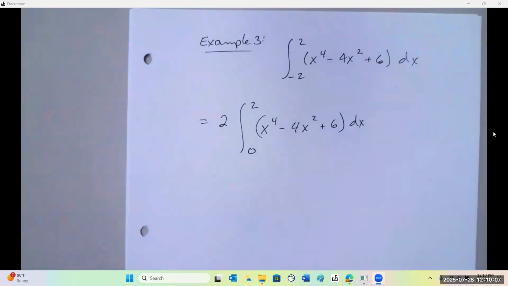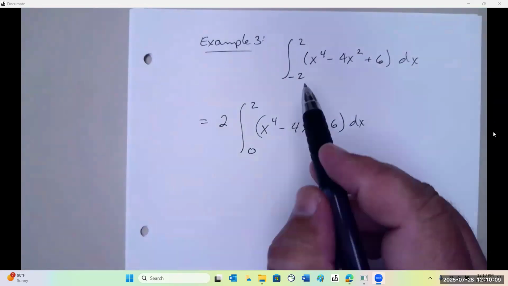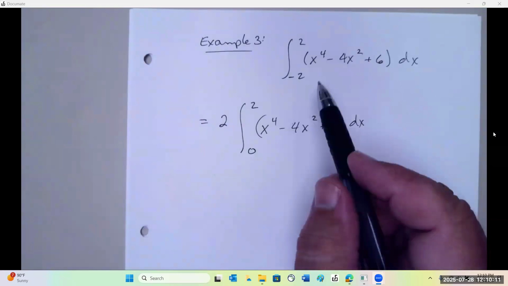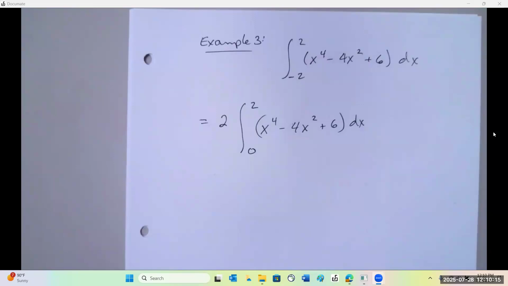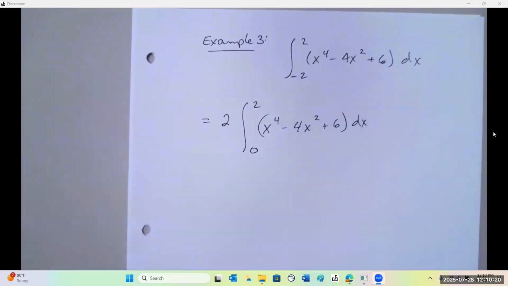Because it's symmetric, no matter what bounds you have, you find the midpoint, and that'll be your halfway point. Because it's symmetric, the midpoint will always be 0. If it's shifted to the right, it's not symmetric anymore. It is symmetric, but it's not an even function.